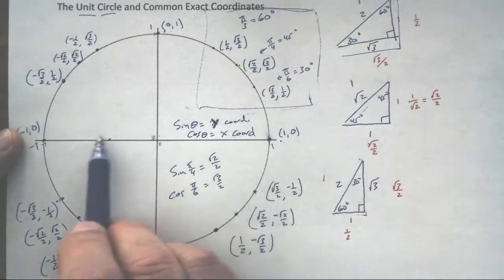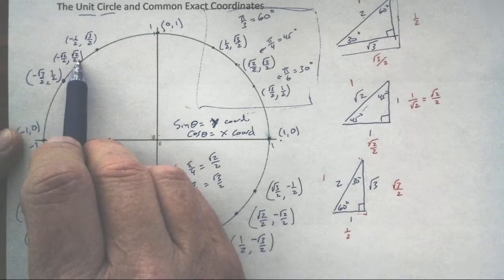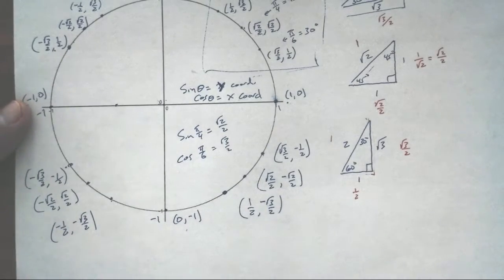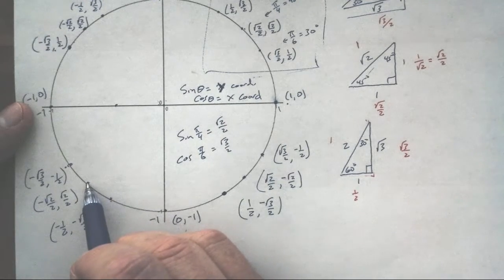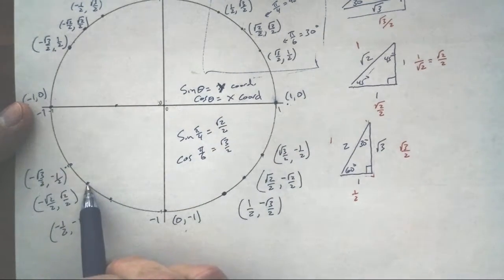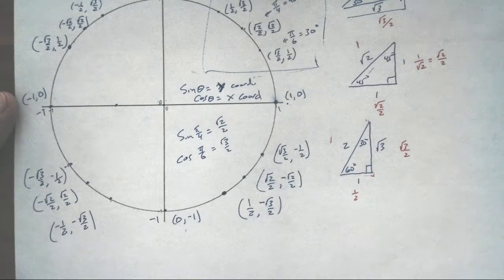If I want the cosine of this angle, it's just negative square root of 2 on 2. If I want the sine of the angle down here at 180 plus 45, 225, it's just the y value, negative square root of 2 on 2.